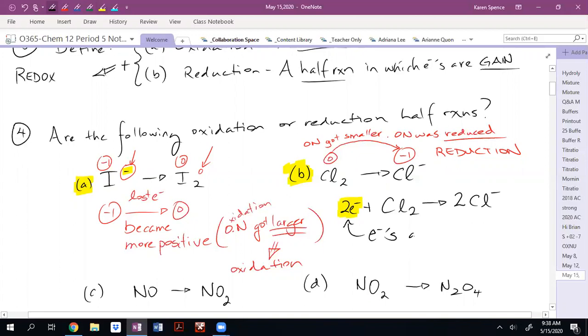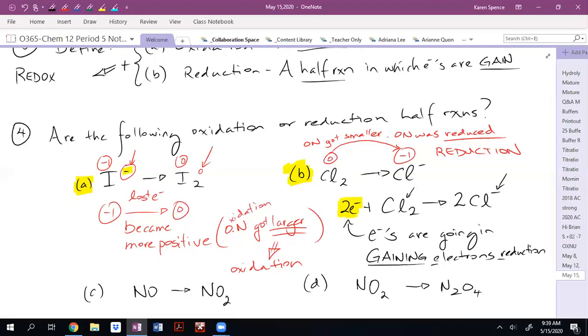In other words, Cl2 does not have those electrons. The Cl minus does contain those electrons. And so if the electrons are going in, the substance is gaining electrons. And if it's gaining electrons, that is reduction, because of course Leo the lion says grr.